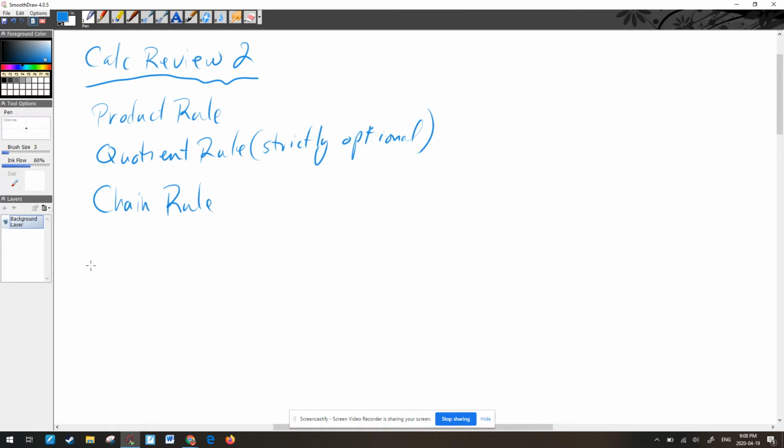So I think the easiest way to do this is just to talk about some examples. So let's look at some examples. So imagine that I said f at x is going to be equal to, let's do a simple one, (6x plus 5) to the 4th times (3x minus 7) to the 5th.